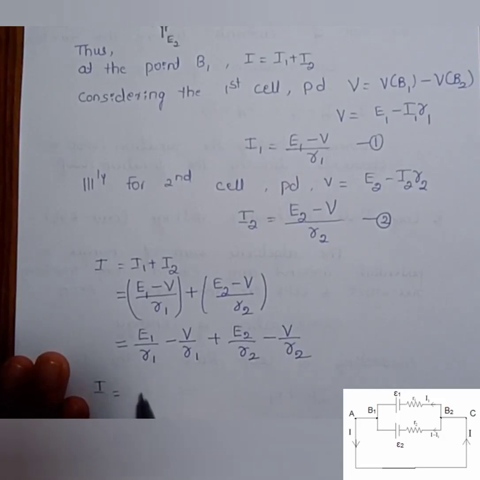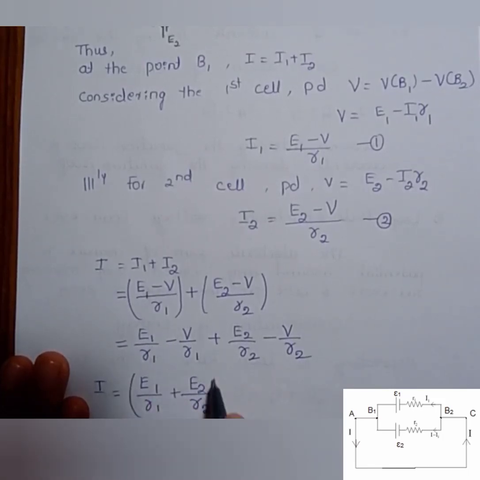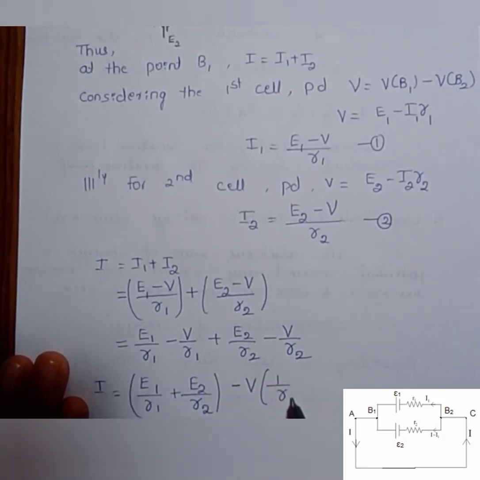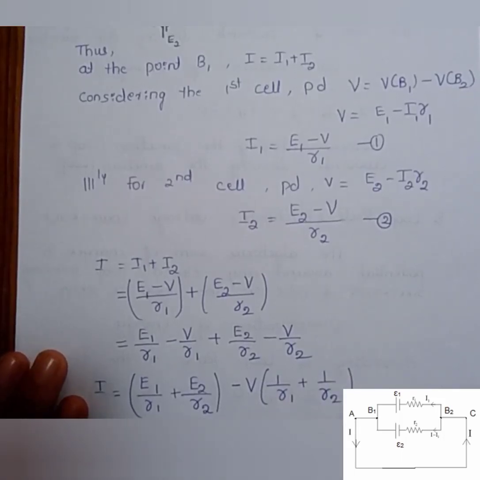Therefore, I is equal to E1 by R1 plus E2 by R2 minus V into 1 by R1 plus 1 by R2.